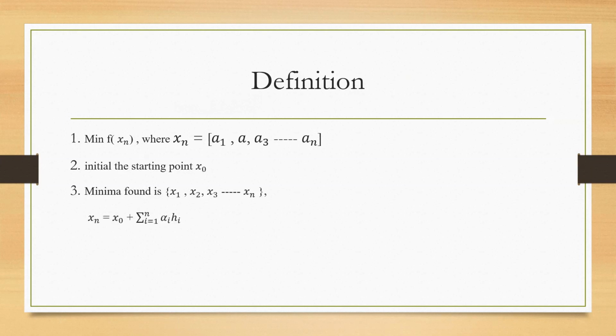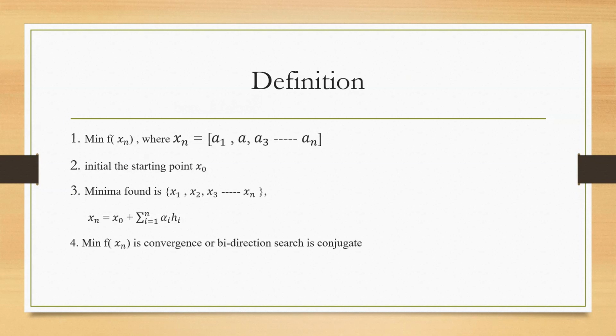To find the sequence of x, x_n is equal to x_0 plus the sum over i from 1 to n of alpha_i times a_i, where alpha is the scalar that makes the direction a_i, the vector a_i, reach the minimum value.